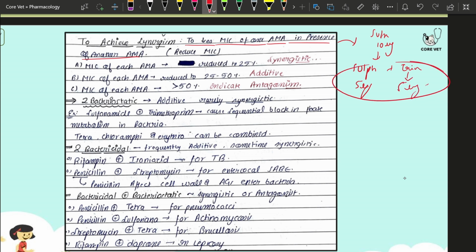It's just an example, not an actuality of the formulation. If the MIC of each drug is reduced to 25%, it is termed a synergistic effect. If the MIC of each antimicrobial agent used in the combination is reduced to 25 to 50%, it shows an additive effect.